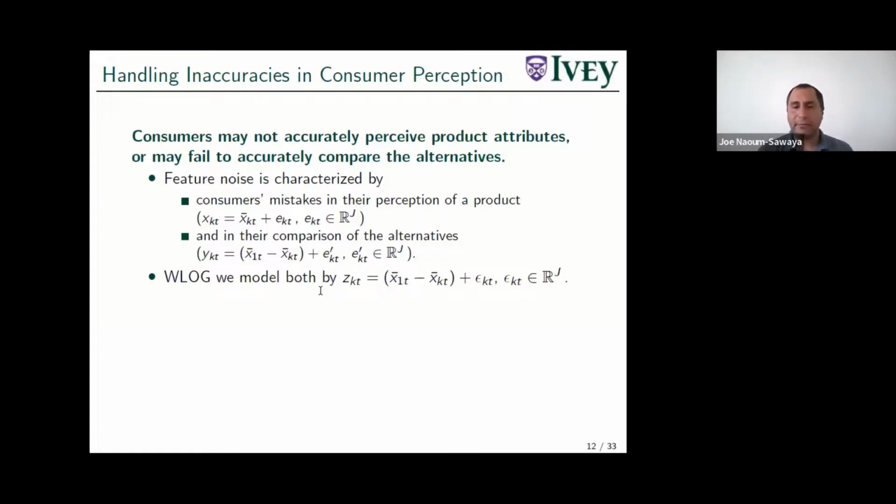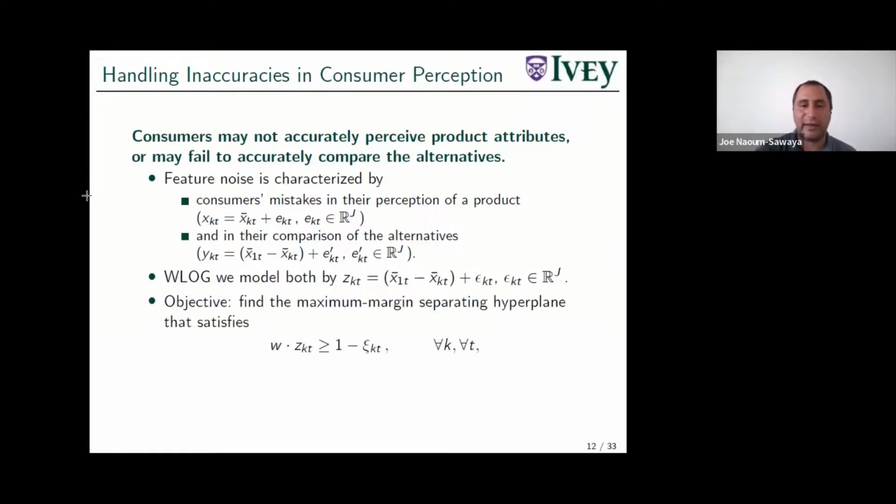So in fact, the data that I have is not the accurate measure. The data that I have about the difference at each choice occasion, Z_kt, is the difference in the product features plus some error. And I'm always picking choice one, so I have an error when I'm comparing choice one over the rest of the choices that I have.